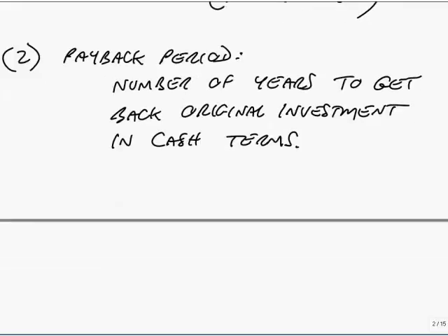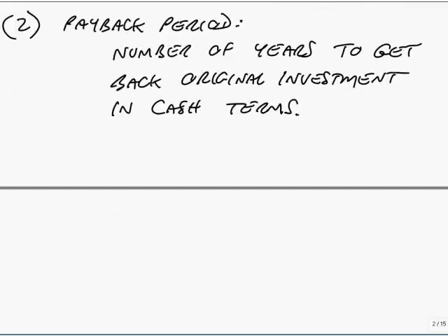And so let's not waste time. For this question, after 1 year you've had 20. You agree? After 2 years, the second year's another 30, so after 2 years you've had 50 in total. You got 20 back in the first year, another 30 in the second, so after 2 years the total you've had back is 50.